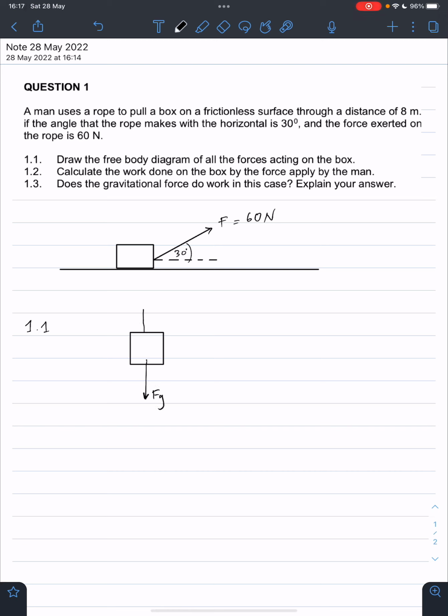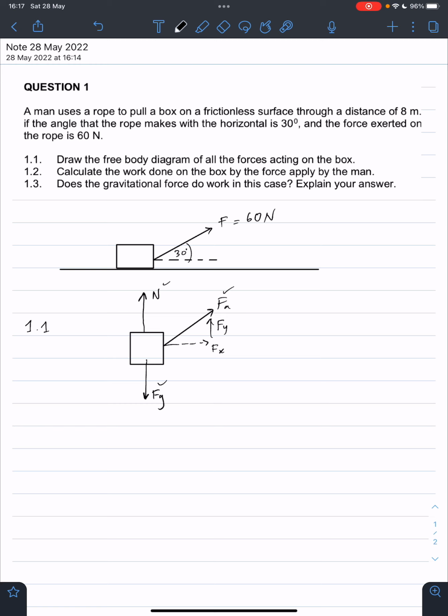The box should also have a normal force, which is N. And this box is being pulled by a force F, which is our applied force. You can separate this force into its components, Fx and Fy, but usually you don't get 2 marks because you've separated the force. Just leave it as it is, because the marks come from these forces on their own, 1 mark per force, so just leave it as Fa.